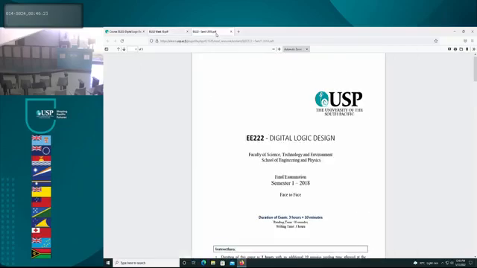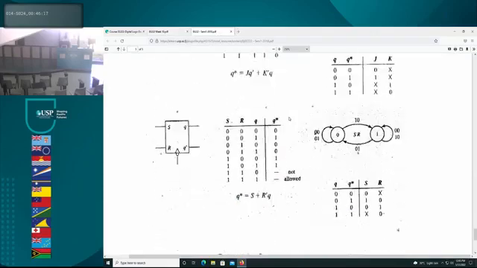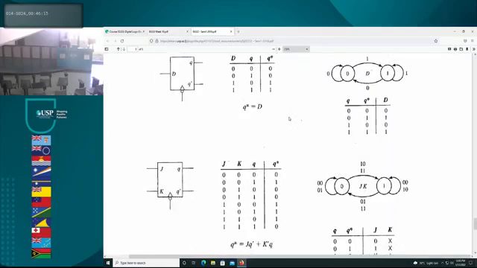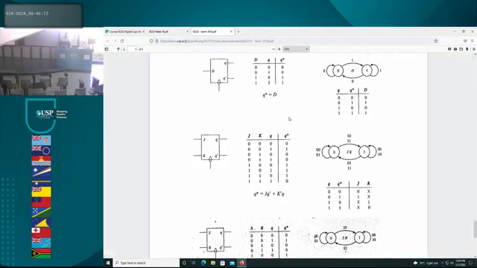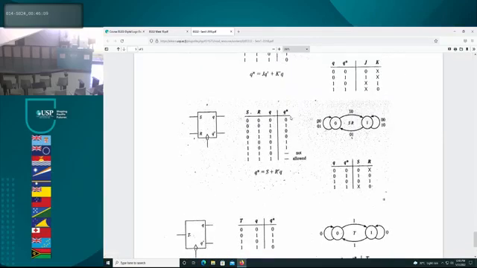Now, I will show you something. There are four fundamental types of flip-flops. The first one I have demonstrated to you, the SR flip-flop. So this here is all on the Moodle shell.